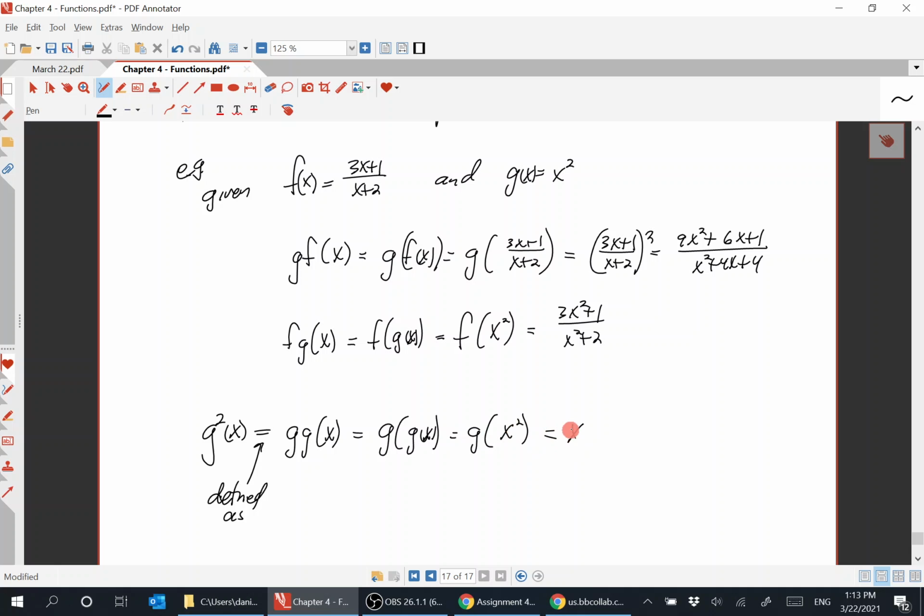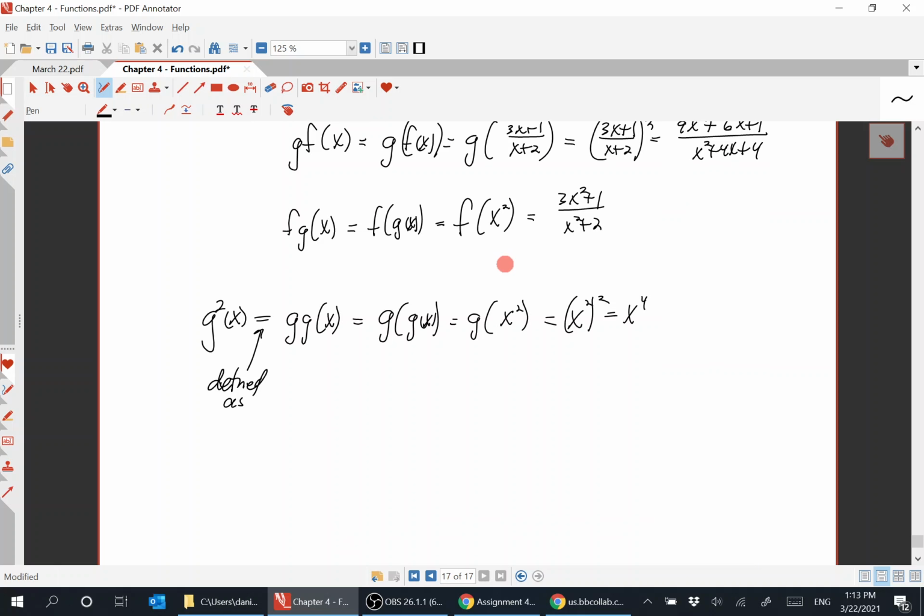But g of x squared is x squared squared, which is x to the 4th. So that would be g following g, which is usually written as g squared. Similarly, g to the 3rd is going to be x to the 6th, etc. So you can do g composed with f composed with g, g composed with itself, f composed with itself, and so on and so forth.